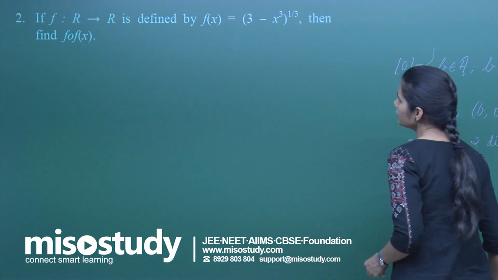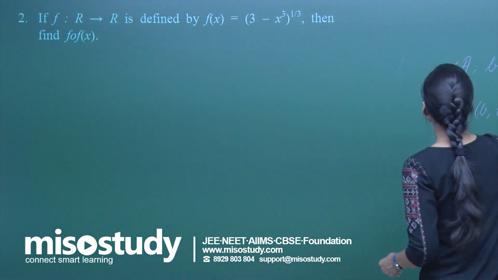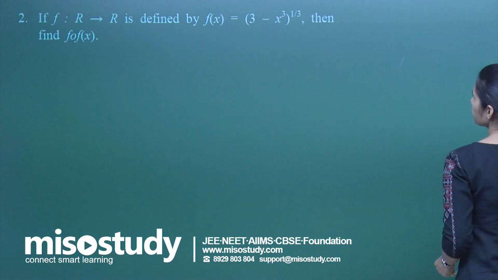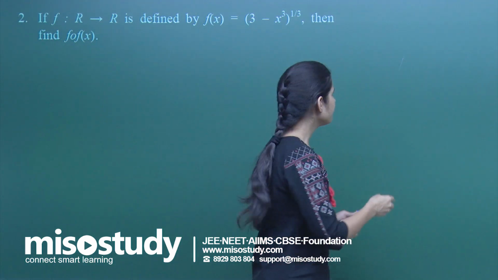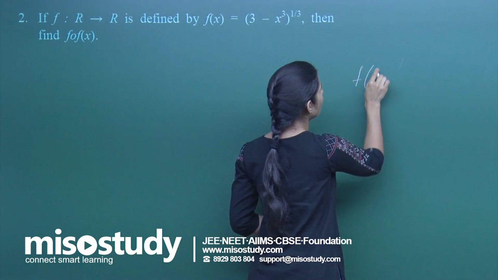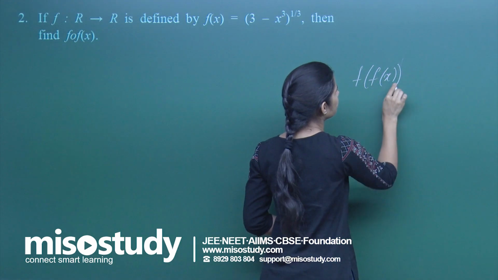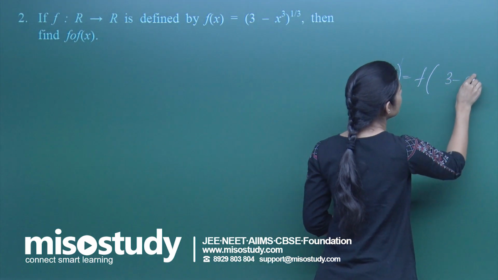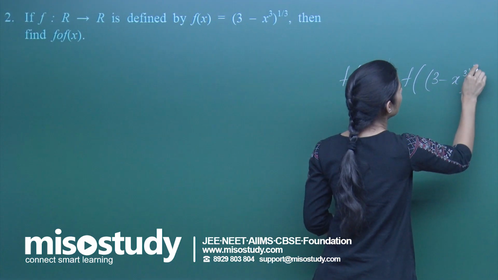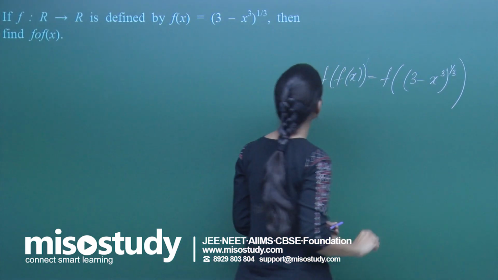Next you have f, a function from the collection of all reals to the collection of all reals, defined in this manner. Find f of f of x. This is pretty simple. f of x is (3 minus x cube) whole to the power 1 by 3.